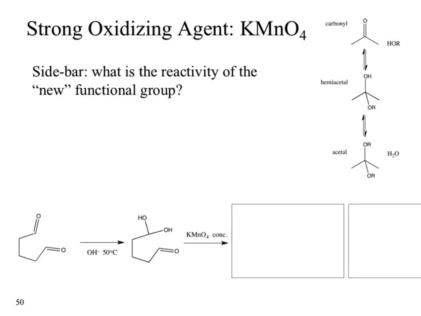Okay? The other reason why that's important for those of you moving into any kind of biomedical situations, carbohydrates. Carbohydrates all cyclize. If you've looked at a carbohydrate, they have that cyclic structure to them. If you look at that cyclic structure, they are hemiacetals.